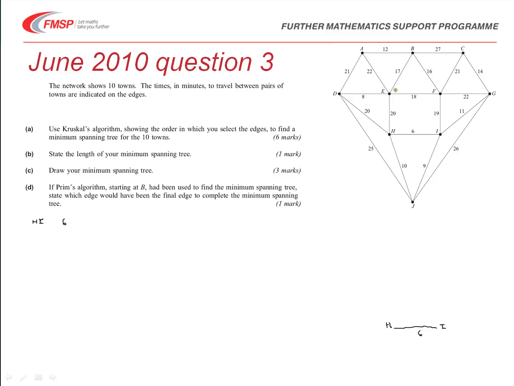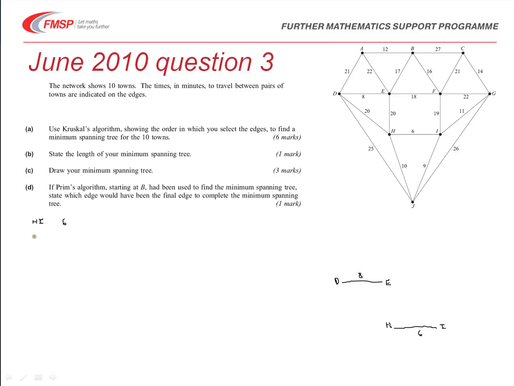Now we look for the next shortest edge wherever it is in the diagram, and that looks like D to E, so we draw D to E on our network, a length of 8.